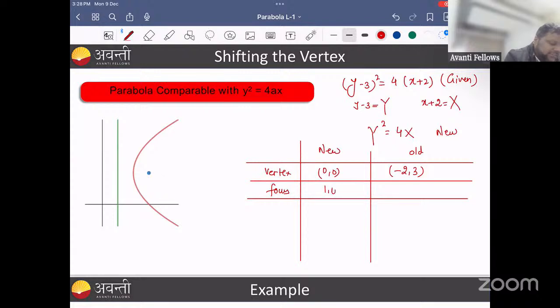So focus is 1 comma 0. Now when the focus is 1 comma 0 for the new parabola, then for the old one, if capital X is 1, small x is minus 1. If capital Y is 0, small y is 3. So focus is minus 1 comma 3.